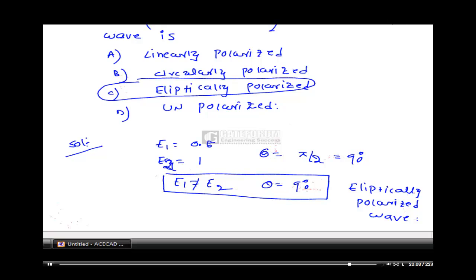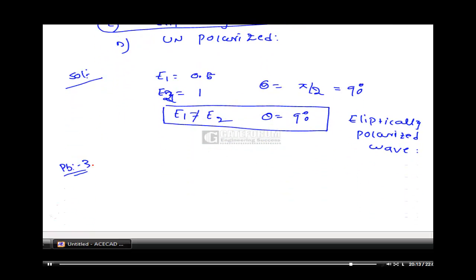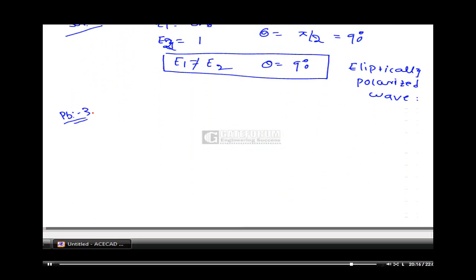Another problem, problem number 3. The electric field E bar is given by E naught e power j omega t plus beta z, times ax cap plus ay cap.